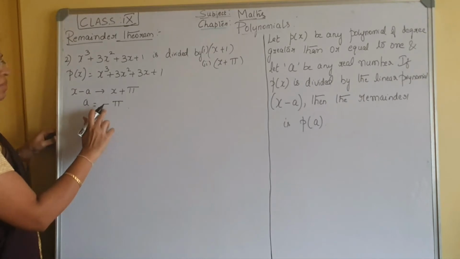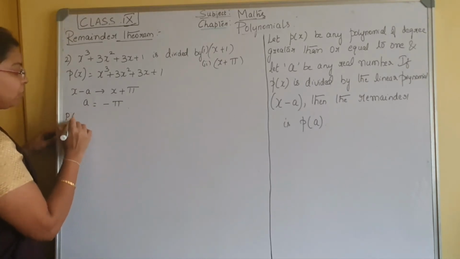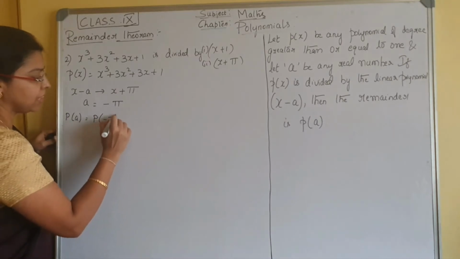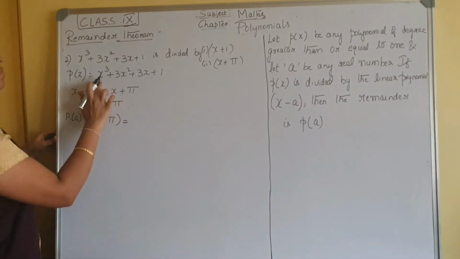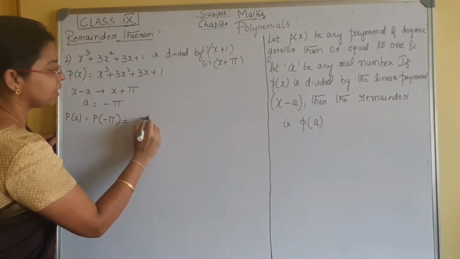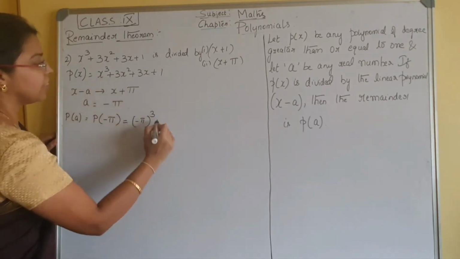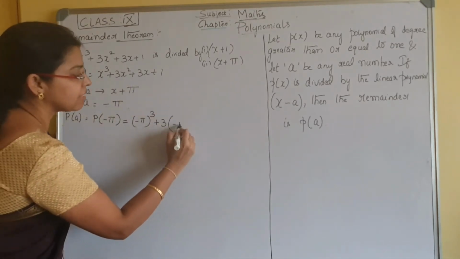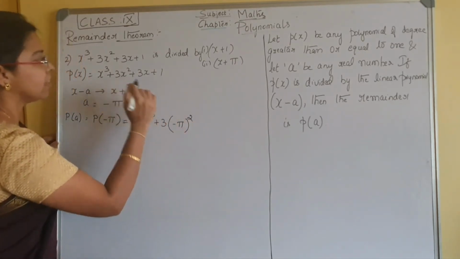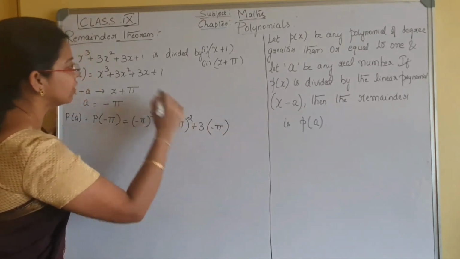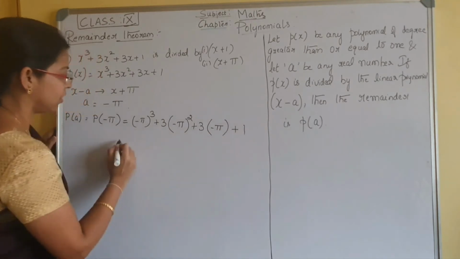Okay, we will substitute this value. P of a is nothing but p of minus pi. So substitute minus pi in place of x. So minus pi the whole cube, then plus 3 into, here it is x square, it is minus pi the whole square, plus 3 into minus pi, then plus 1.